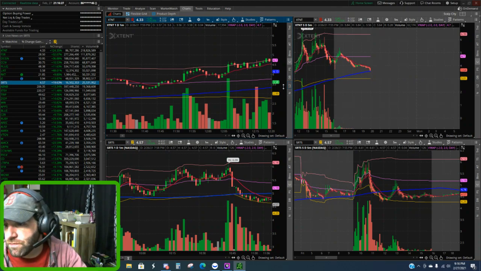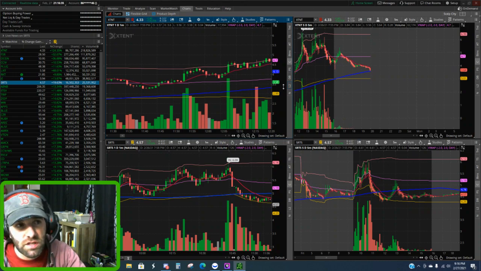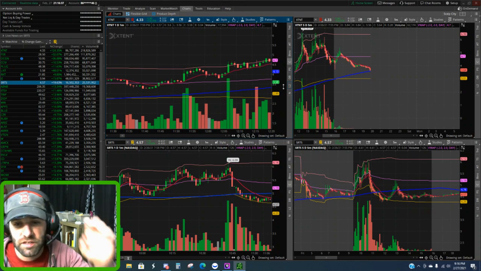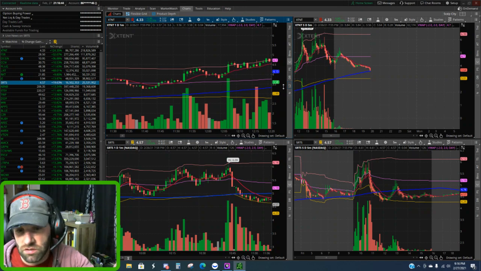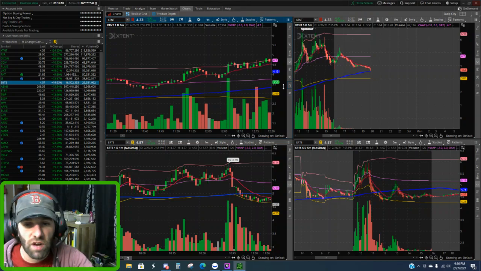180 SMA, yes, and 12 EMA. I wish that this platform with charts was like Robinhood. Robinhood is absolute dog shit, we know that. But the way I could pull up a watch list on Robinhood is fantastic.